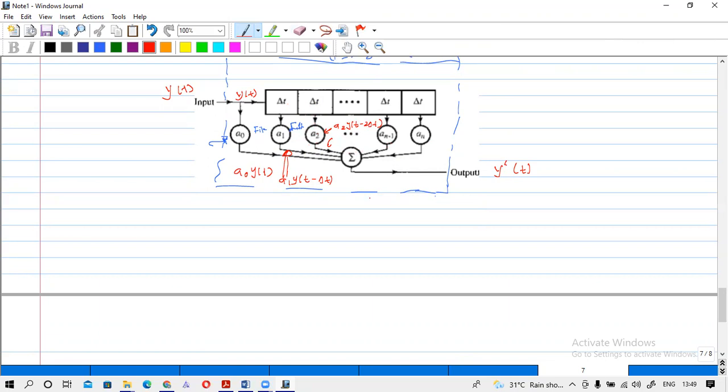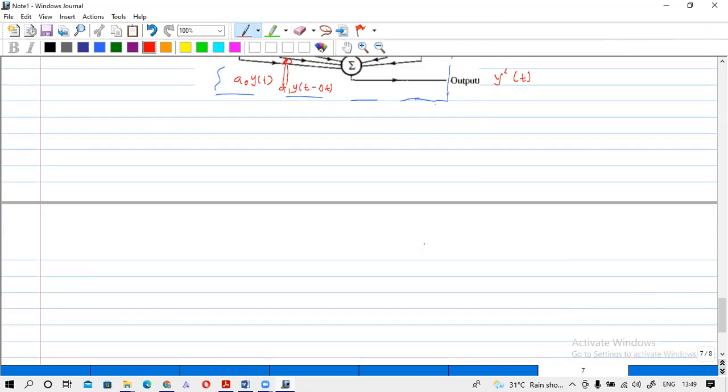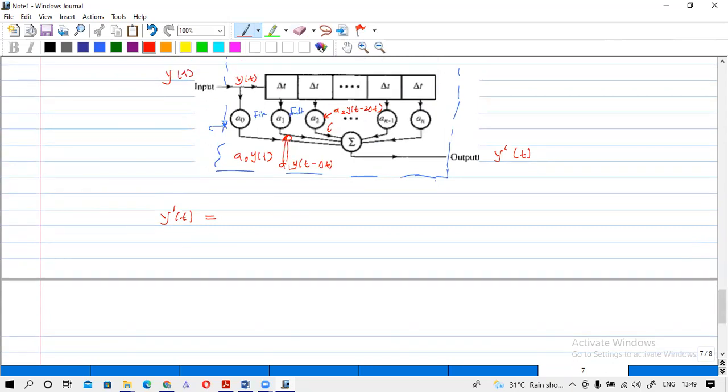So I can write the output of the filter y dash t is equal to, and you can see that here it is a summer, an adder, and all these components are added to form the output.